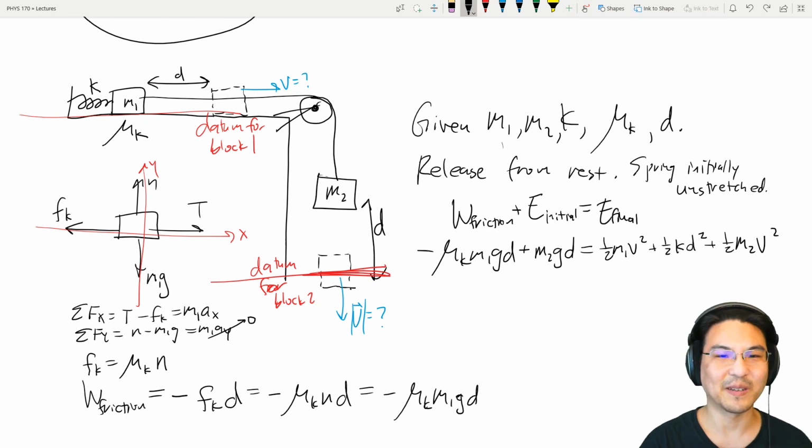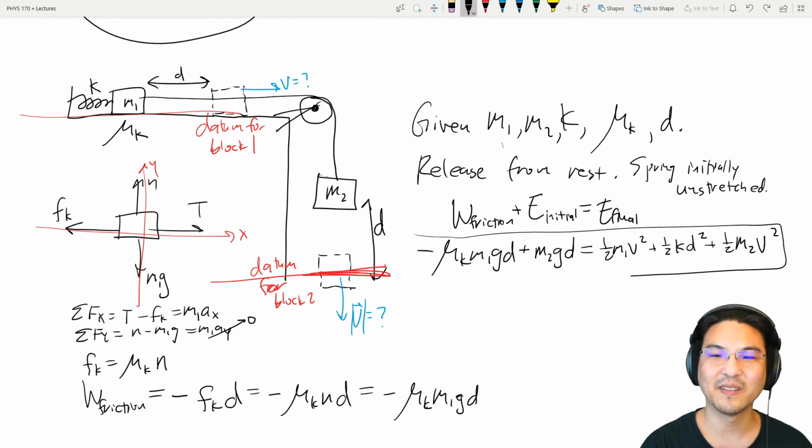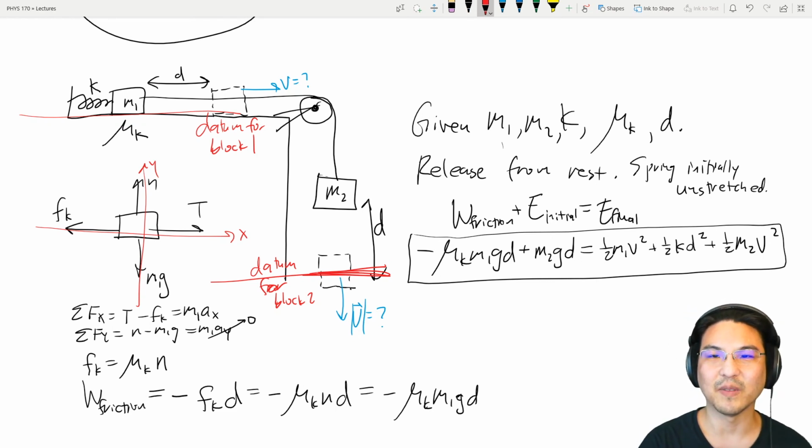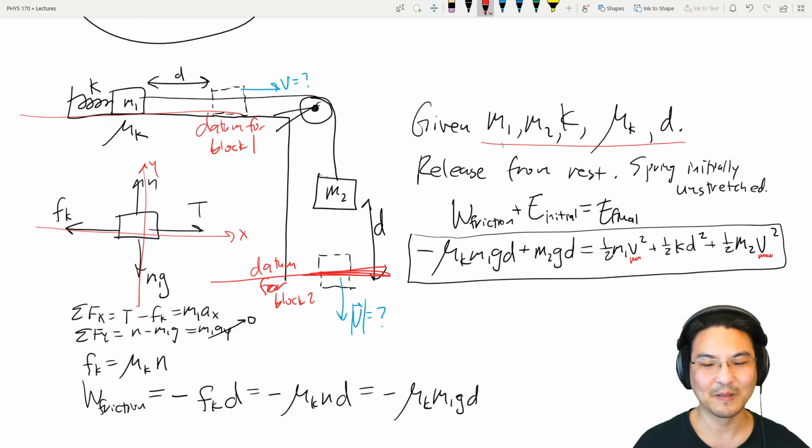And then that's it. Block 2 is not connected to a spring or anything. So here we go. We have this equation. We were given all of these. So the only unknown is this. All right, so just solve for the speed. That's the only one unknown, and then that's it.